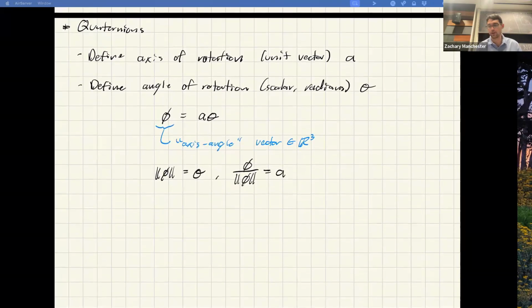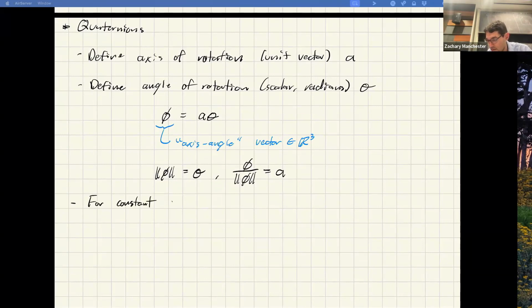The important thing here, which is getting a little deeper, is that if I have a constant omega for a short time, like short time integration of my gyro, with a short time step h, you can think of this phi as the integral of omega.